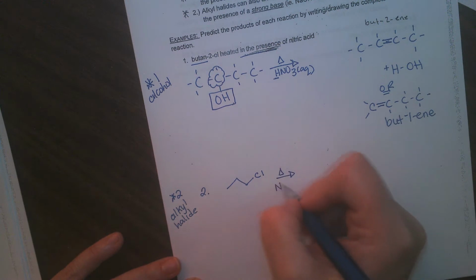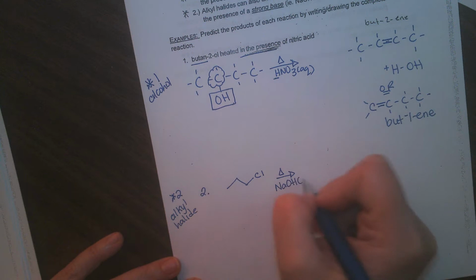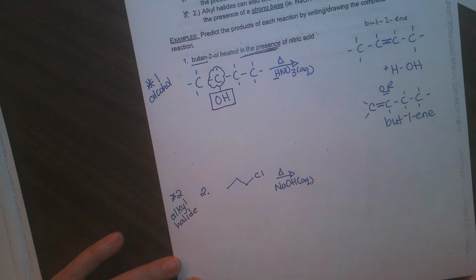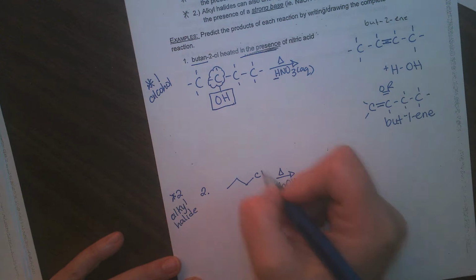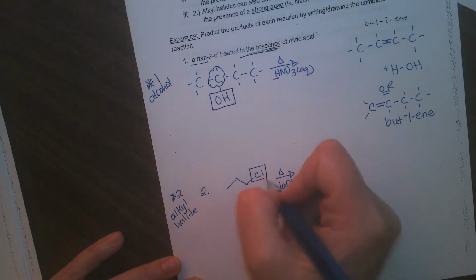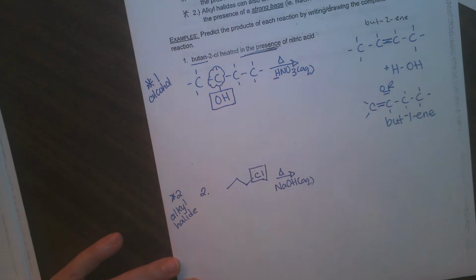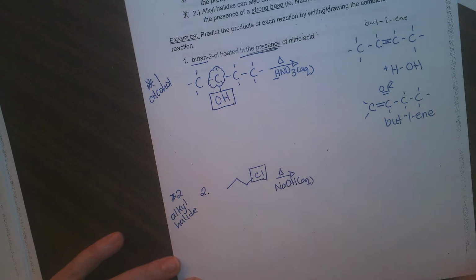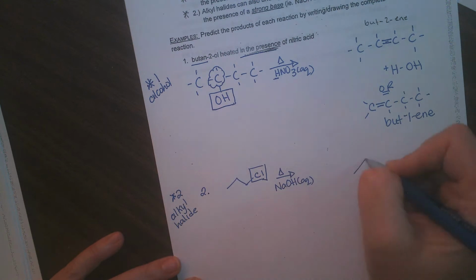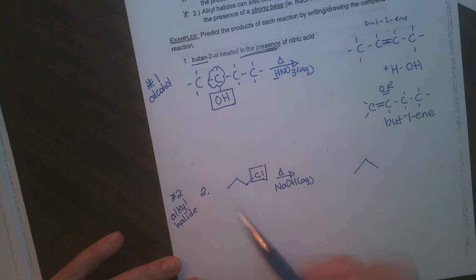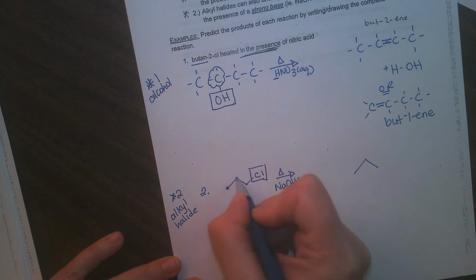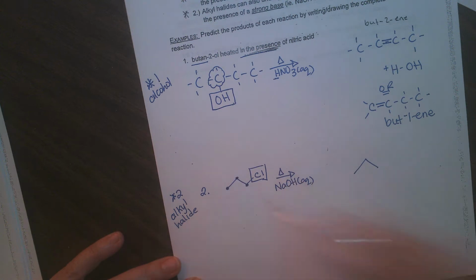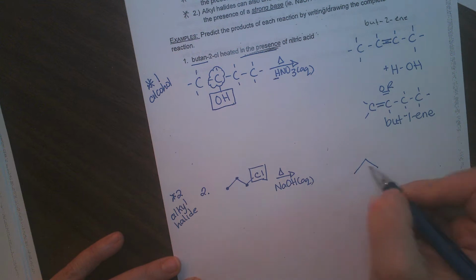So let's pick sodium hydroxide. So this halide is going to be what gets pulled off. So we're going to go like this. Still 3 carbons, right? 1, 2, 3 carbons. But now instead of having a chlorine here, we're going to take a hydrogen ion.